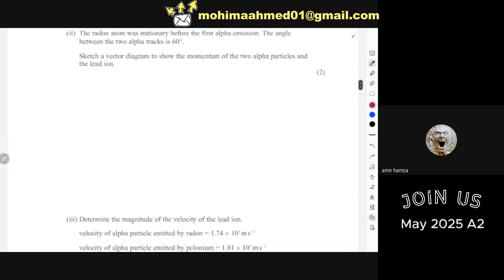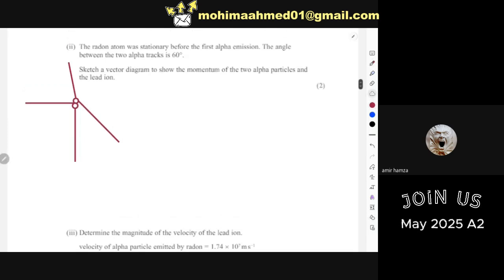So this is how the entire thing occurs. At first, you have this radon. It was actually stationary. So it broke down into polonium and your alpha 1. Alpha 1 traveled in the vertically down direction, and then this polonium further decays into your alpha 2 and, what was that, lead.